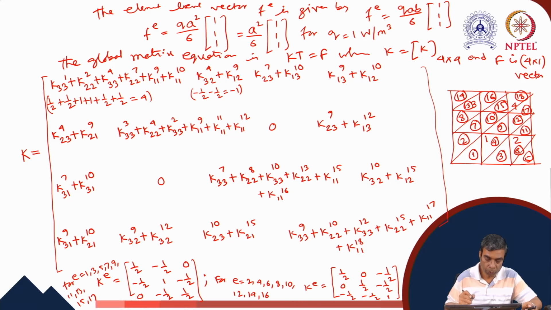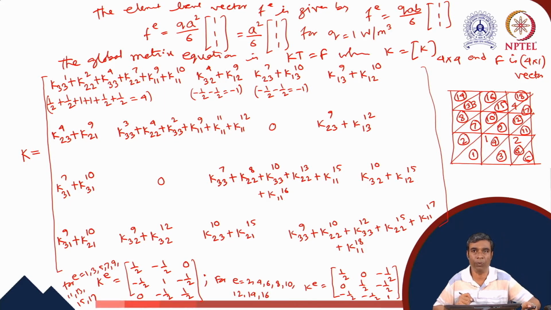K237 is minus half, and K1310, 10 is also minus half. So this eventually yields minus 1. So K13 equals minus 1. Now we are left with K14 in the first row. K139 is 0.